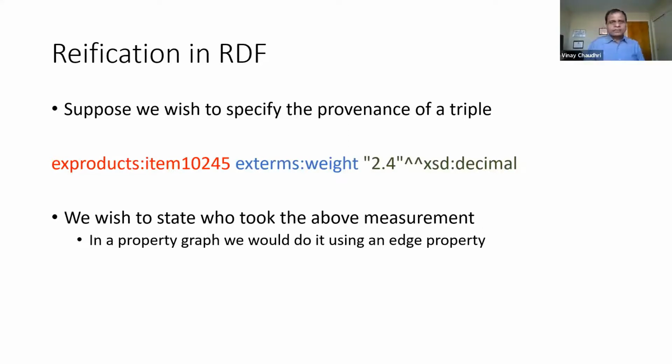So RDF has a mechanism called reification. I should say that this mechanism is not specific to RDF. You can do reification in a property graph model also. But for this particular use case, if we wanted to model this in RDF, we would do reification.